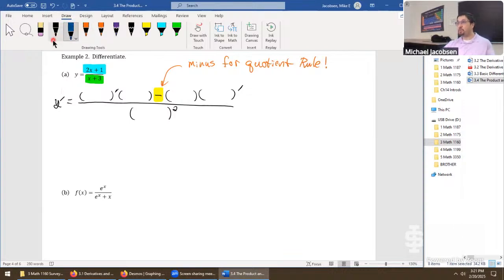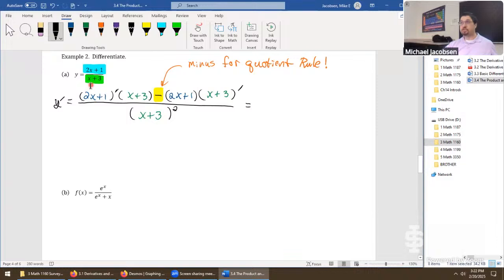But now let's start dropping in what we've got. Settle where the numerator goes: 2x plus 1 in this first position, and the next term, this first position. And now you know where the denominator, x plus 3, goes everywhere else. So here, here, and here.